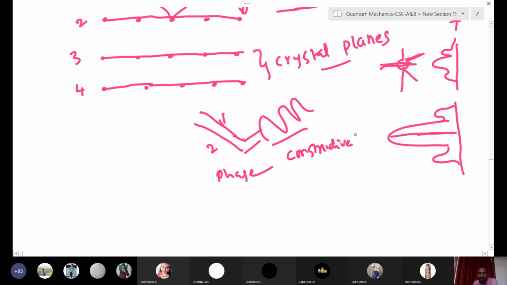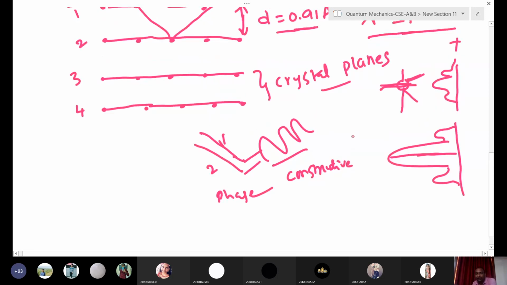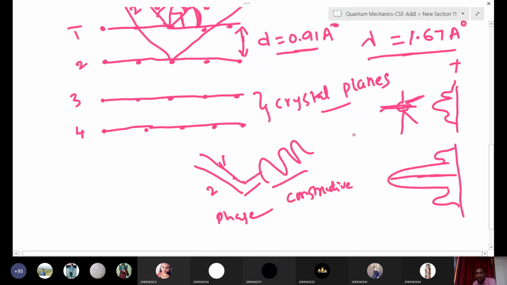Are you following? Yes, sir. When two optical rays or electron beams are in the same phase, there is constructive interference. Constructive interference means the phases will sum up, which means the intensity will be added up, so intensity will increase.